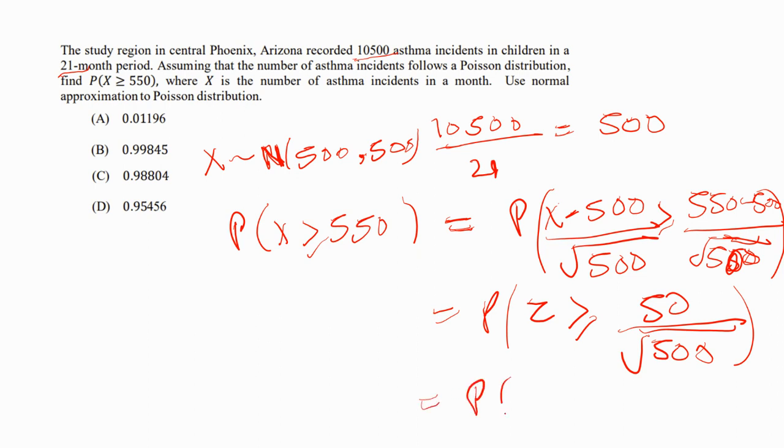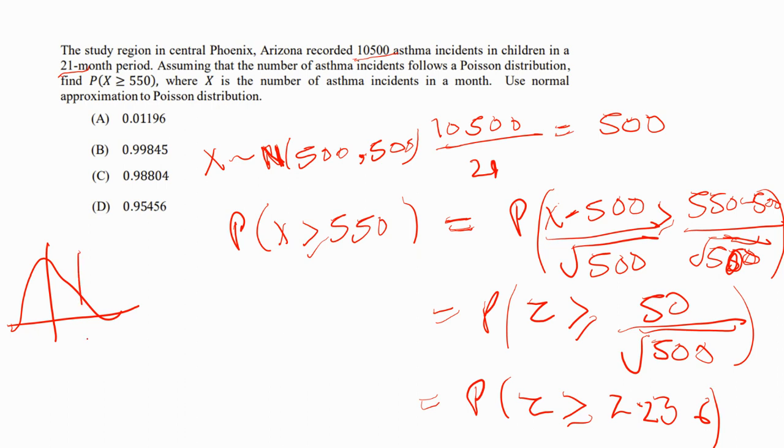So it will be z greater than or equal to 50 divided by root of 500, which will be root 5, which is 2.236. Now z greater than 2.236.